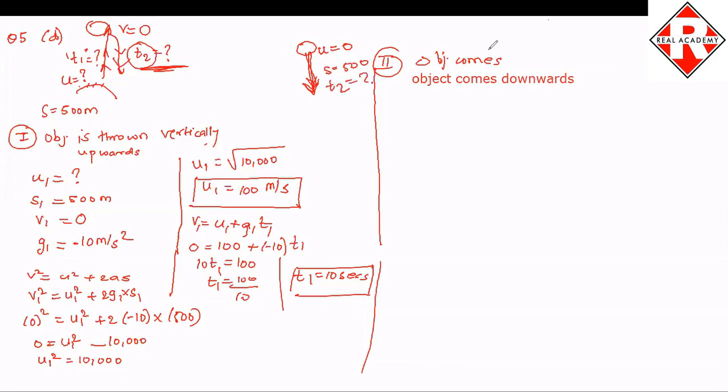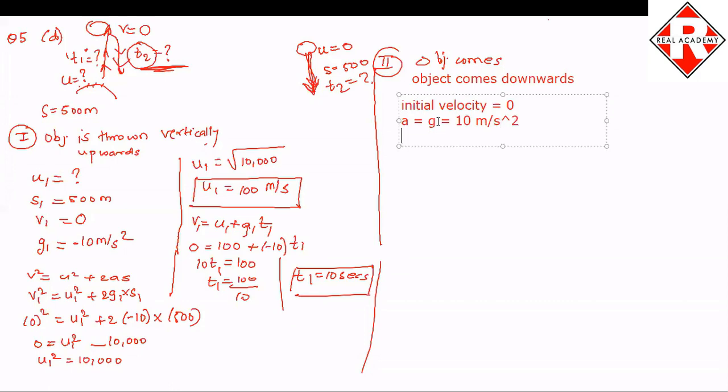So in that case, if the object is coming downwards, it will be under free fall. So I'll say initial velocity, that is u2. Initial velocity is going to be 0, right? And your a is going to be g, that is positive 10 meters per second square.